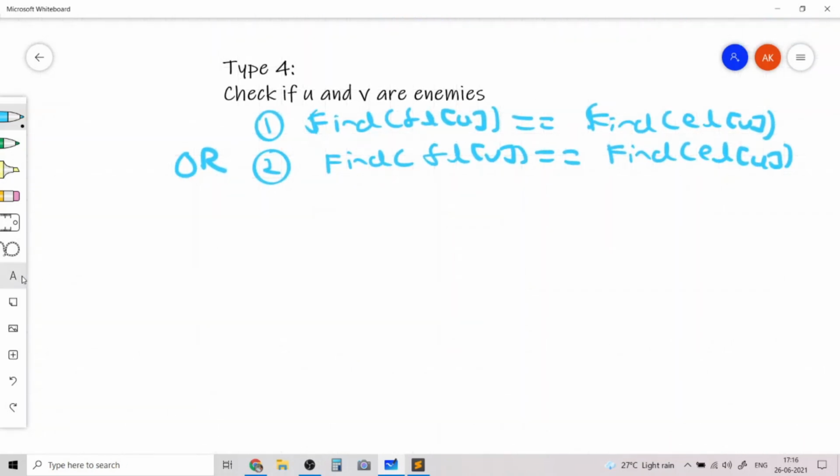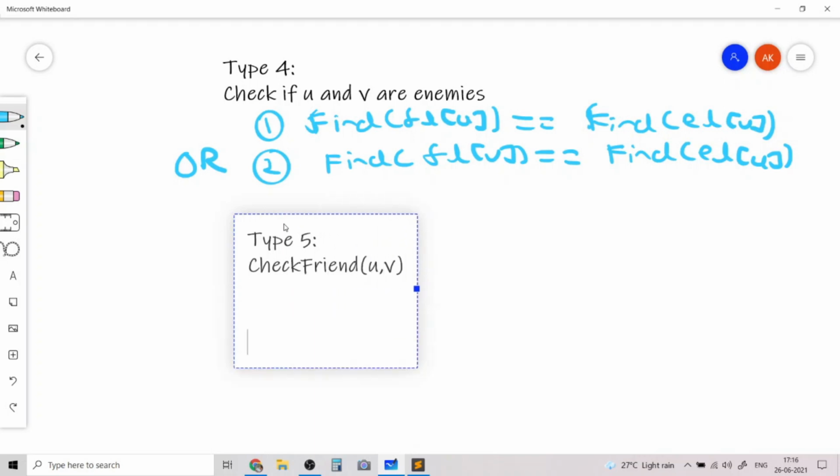So that gives us two more types of queries to handle. Let's call them type 5 and type 6. Type 5 is essentially the check friend U comma V query, and type 6 is check enemy U comma V. So how do we check if U and V are friends?